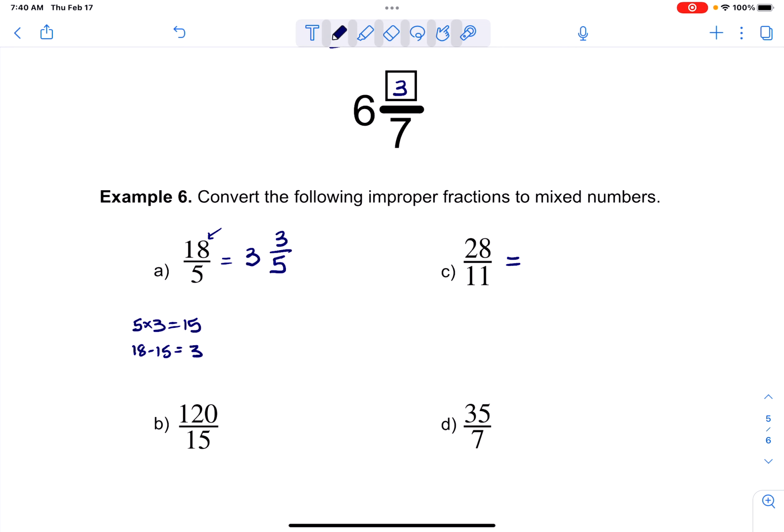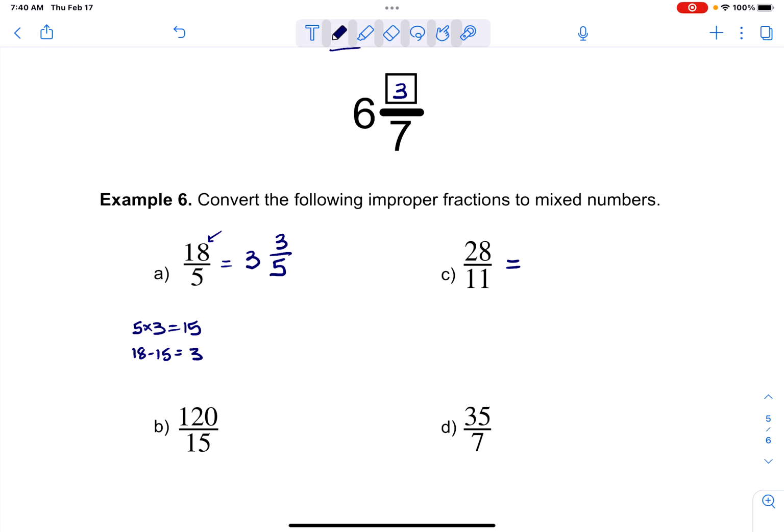Over here, 11 into 28. You can do that on your calculator. Hopefully you don't have to. 11 times 1 is 11. 11 times 2 is 22. 11 times 3 is 33. So 3 is too big. So that's 11 times 2. And I know that 11 times 2 equals 22. So I need another 6 to get up here.